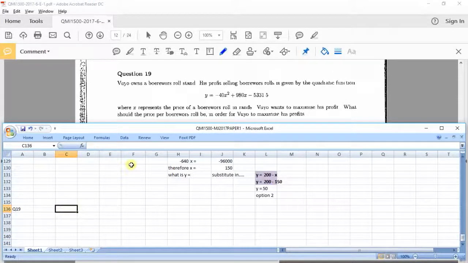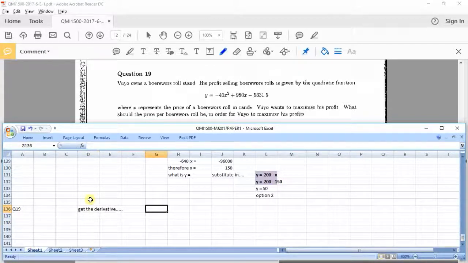Okay, 19. Vuyo owns a Boerewors roll stand. His profit selling Boerewors rolls is given by that equation, y equals that, where x represents the price of a Boerewors roll in rands. Vuyo wants to maximize profit. As soon as you see that, maximize profit means get the derivative.